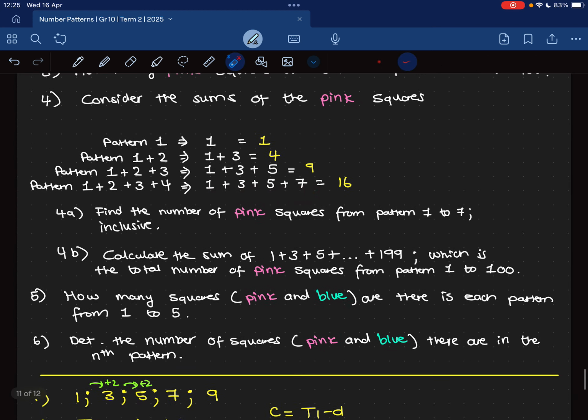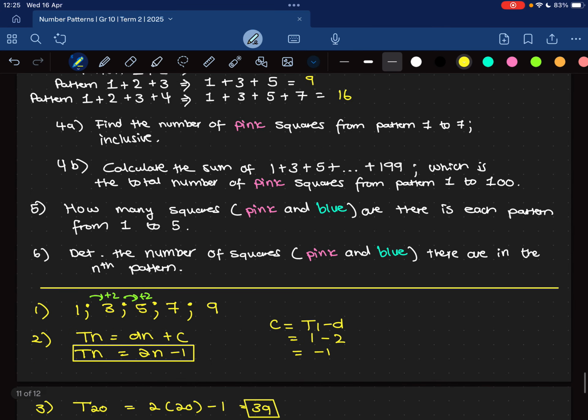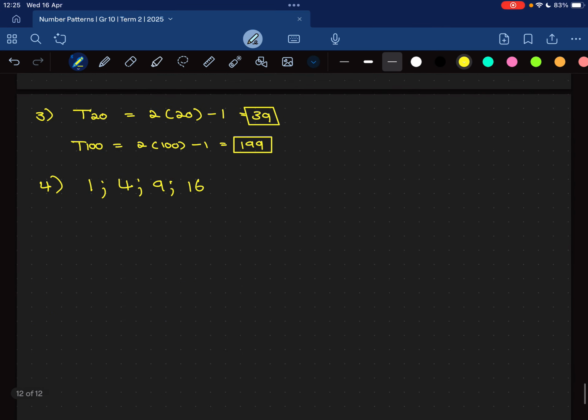So I can see then that I'm going to have 1 plus 3. So if I'm adding the fifth pattern, I'm going to have 1 plus 3 plus 5 plus 7 plus 9, which you should see is going to be 25.